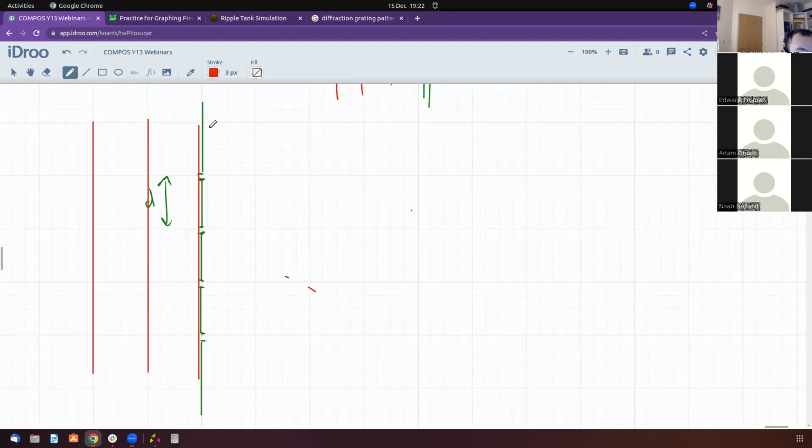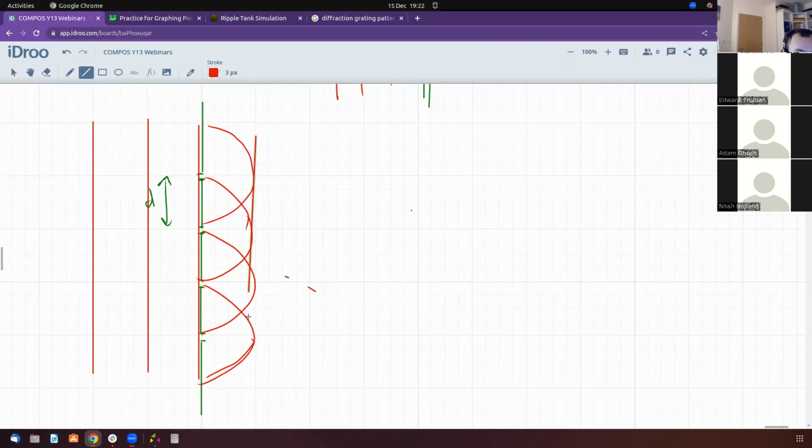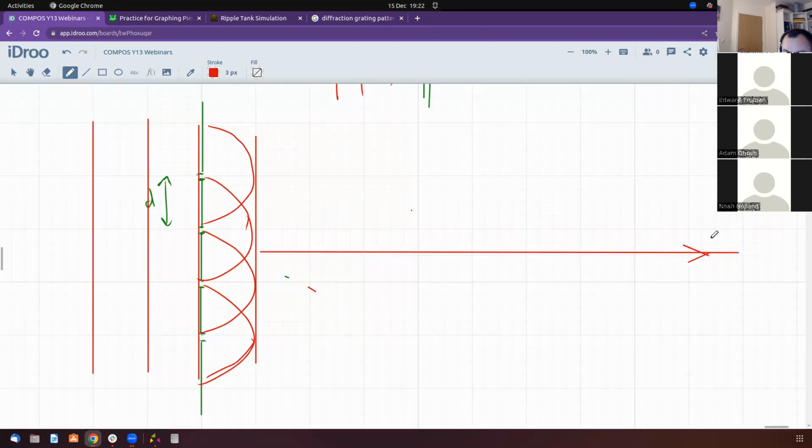So this becomes a source of secondary waves. This one becomes, and this one becomes. And as you can see, they all add up in a wave that is traveling in this direction. And that's the central maximum. That makes perfect sense.